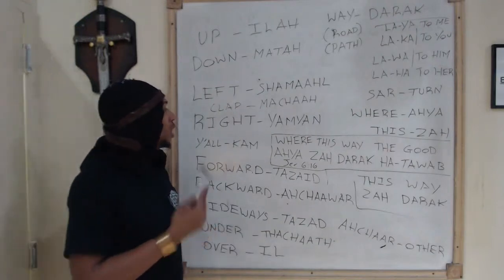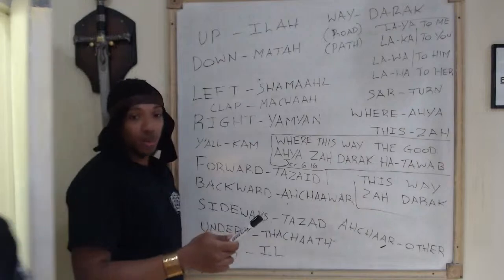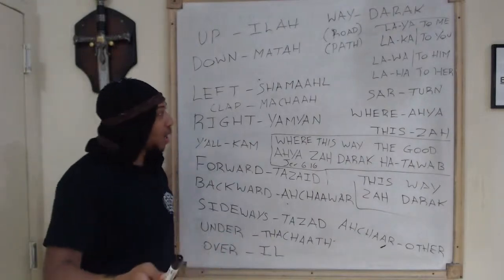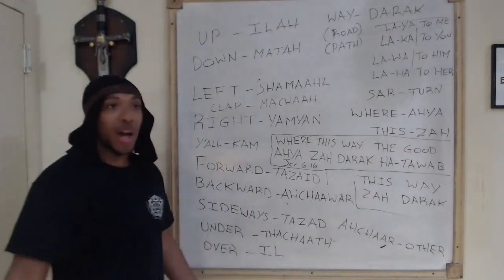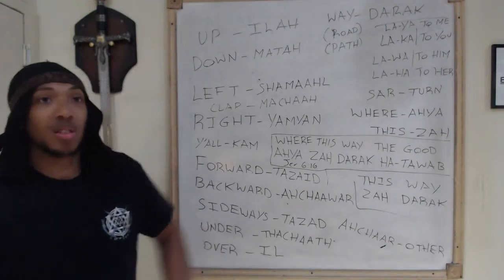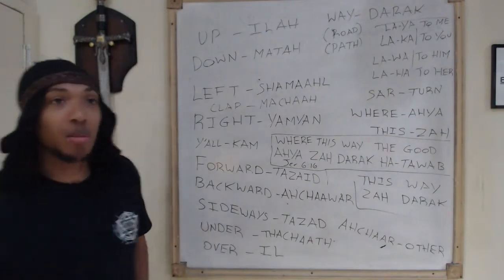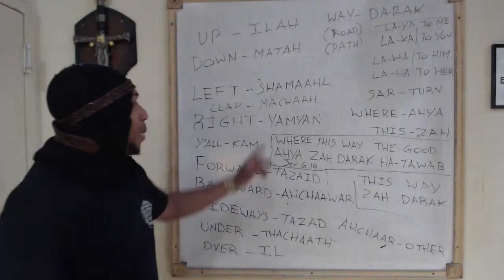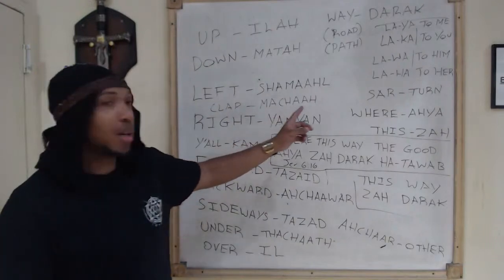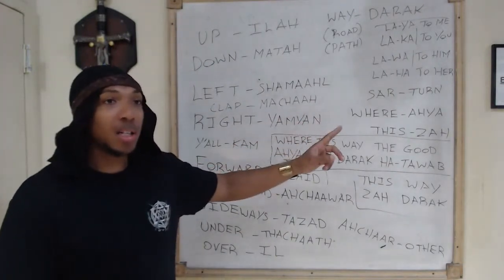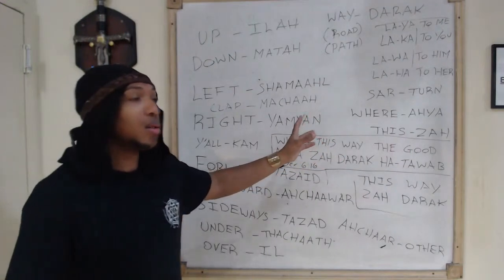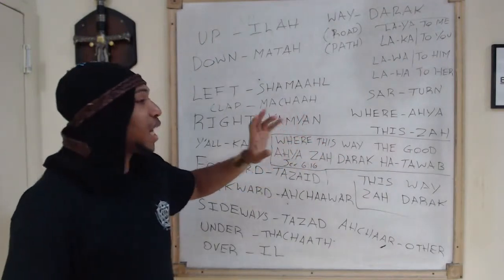Okay, so we want to say clap your hands. You want to say for the teacher, and another one for the other. So clap. Maka. Yara. We'll say clap hands.